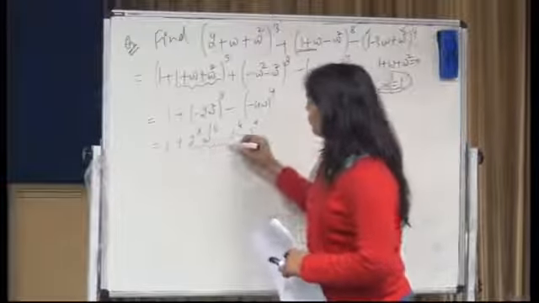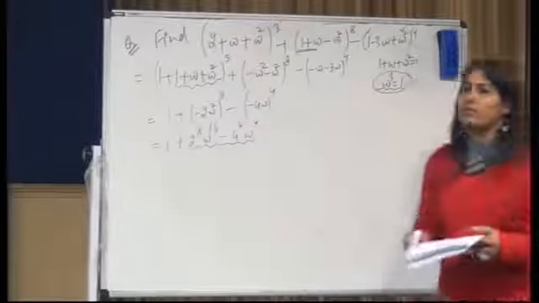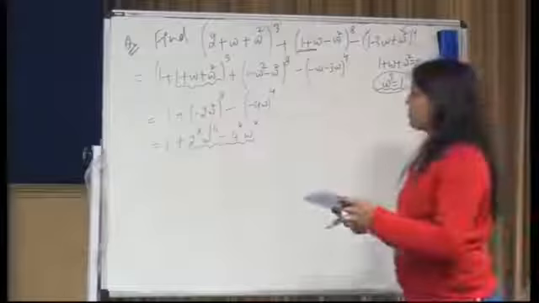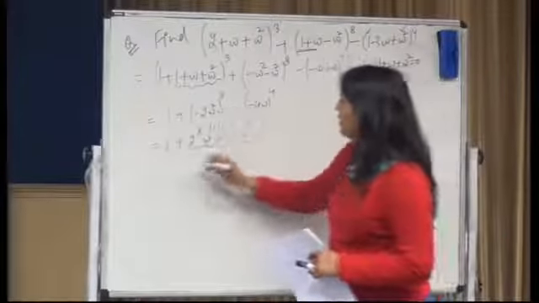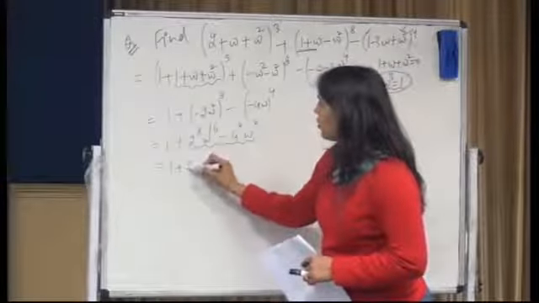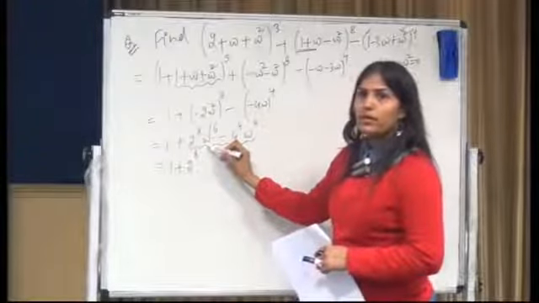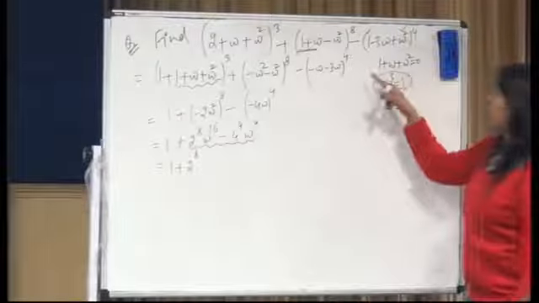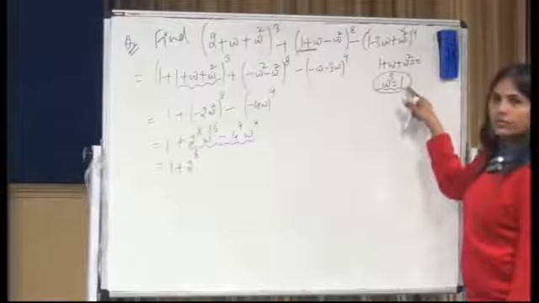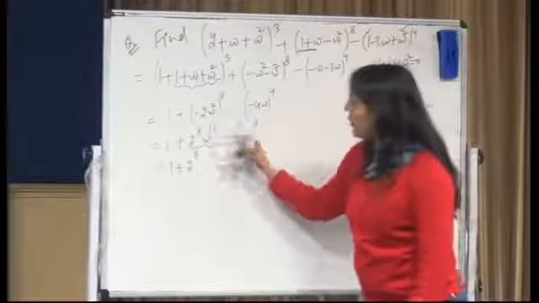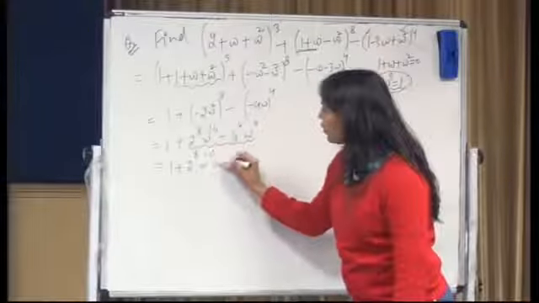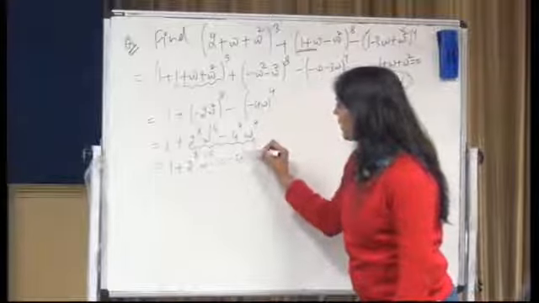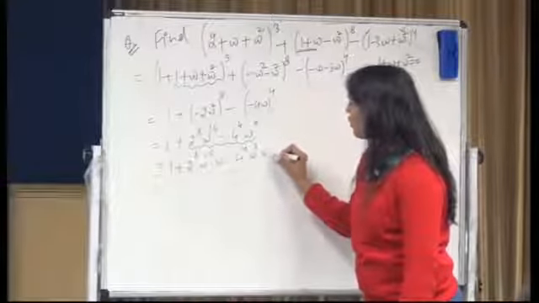Just compare these two terms. Are they the same? Omega 16 will be what? Because omega 15 will be 1, you can break it as omega 15 into omega. This you can break as omega cube into omega.